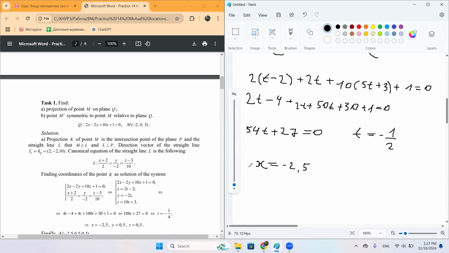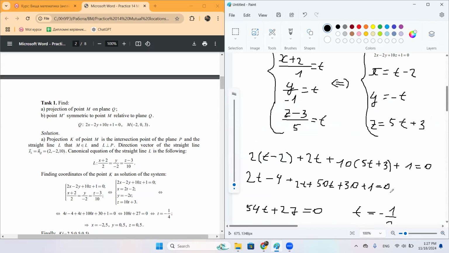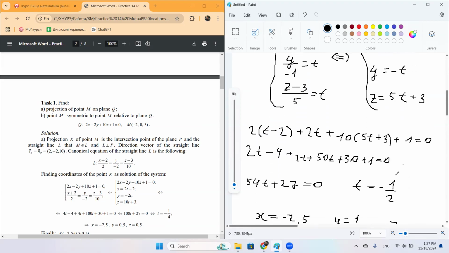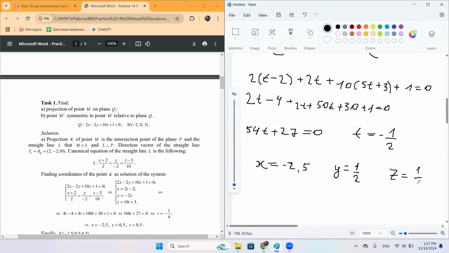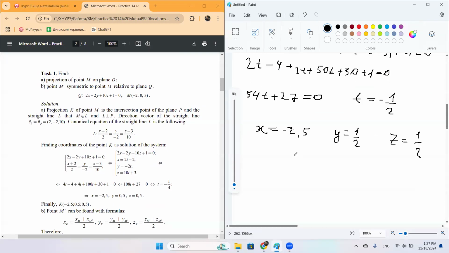So yeah, reducing was correct. So never mind. So y equals 1 second. And z equals, so 3 minus 2.5, it equals 1 second. Yeah, so basically that's it.